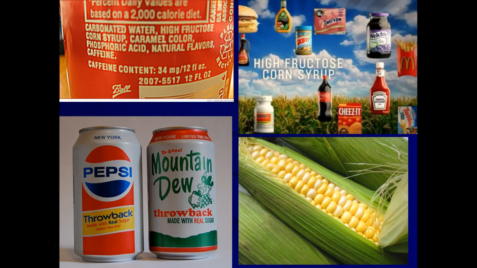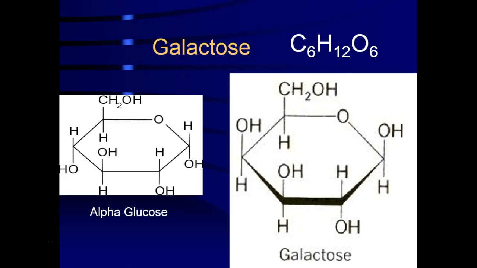This monosaccharide is found in milk, but it's not by itself in milk. It's part of the sugar found in milk, and it's called galactose. You might be wondering, galactose sounds a lot like galaxy. You'd be right. It comes from the same word root. Think about what galaxy our solar system is part of.